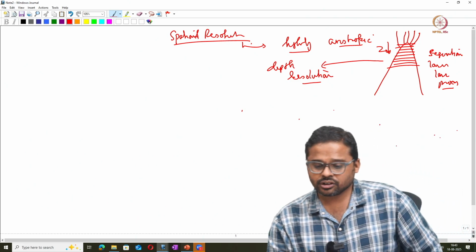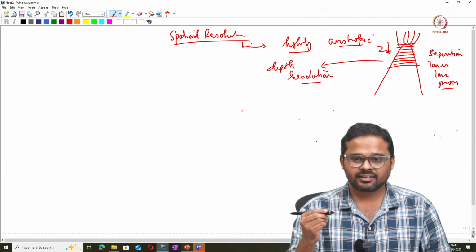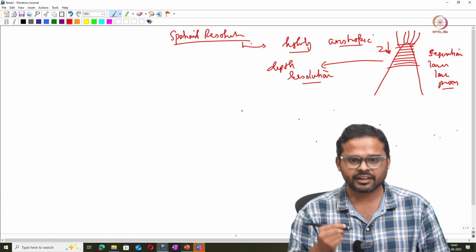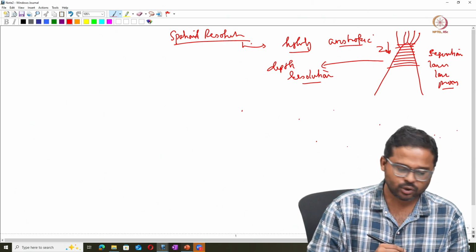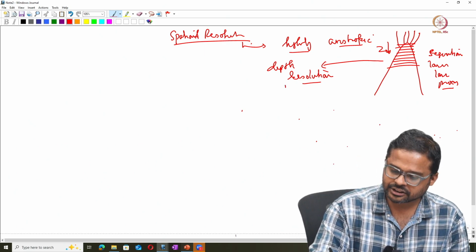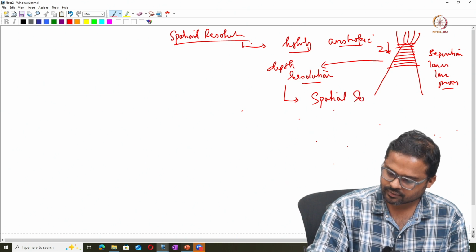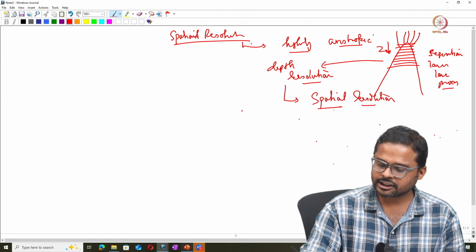Because of this sequential layer by layer process, and this is due to the electric field penetration, which is much less than the d-spacing between the two layers, this creates the depth resolution, and it is much higher than the spatial resolution. Why is it higher than the spatial resolution?